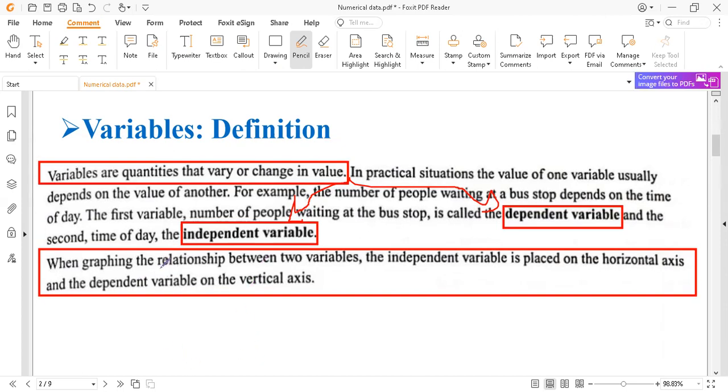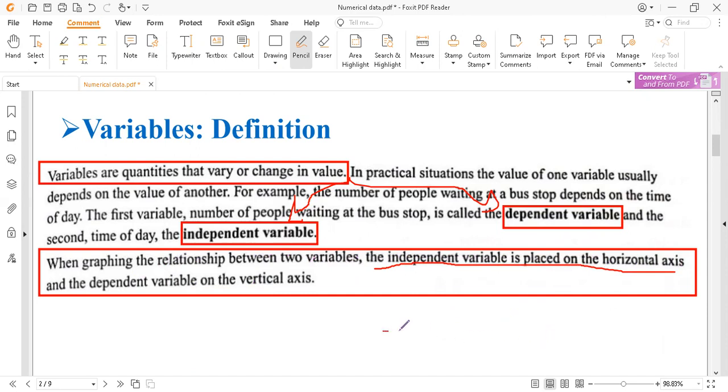So when graphing the relationship between two variables, in all cases the independent variable is placed on the horizontal axis to graph the variation of the dependent with respect to the independent variable.